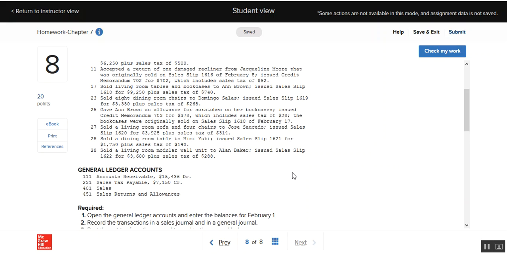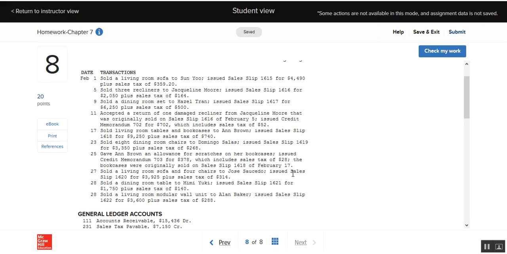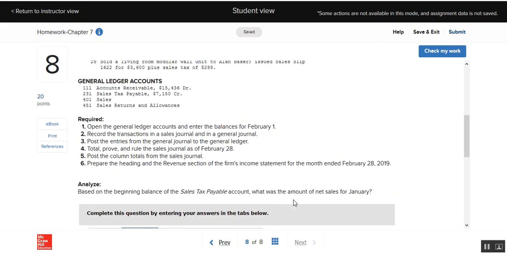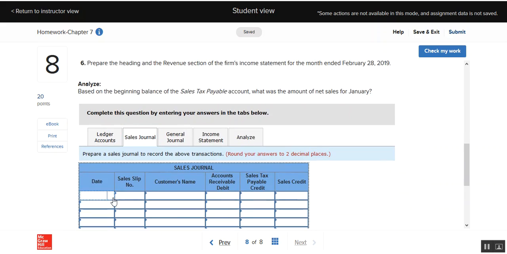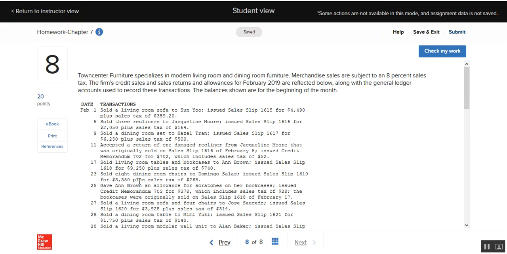So let's look at the first transaction. Sold a living room sofa for $44.90 plus sales tax of $359.20. And that was on February the 1st. And unfortunately, we got to do some scrolling here.